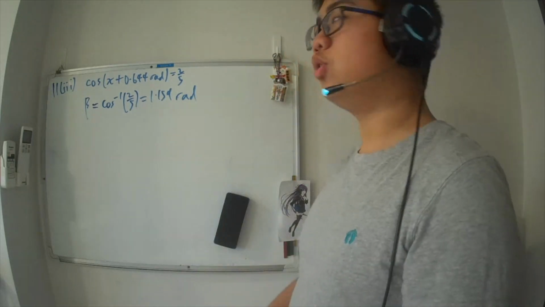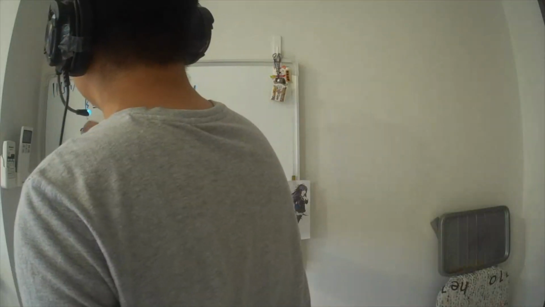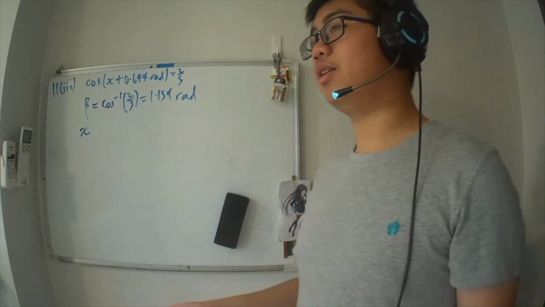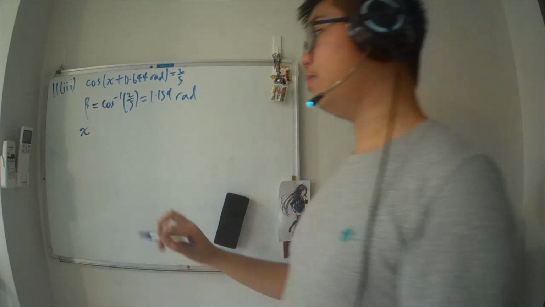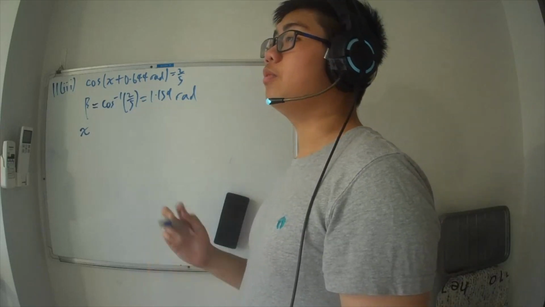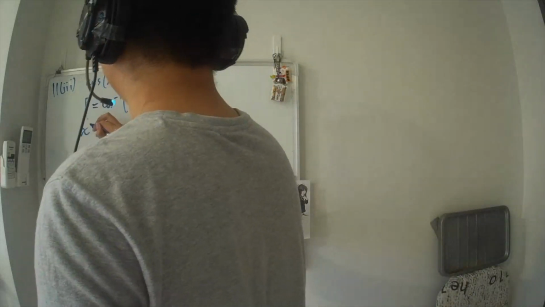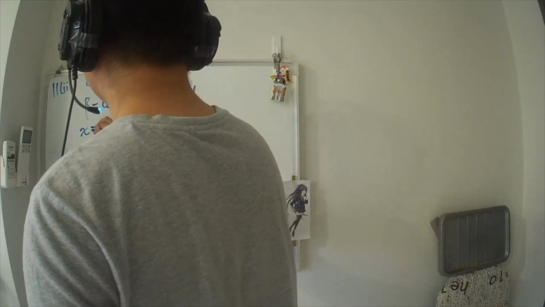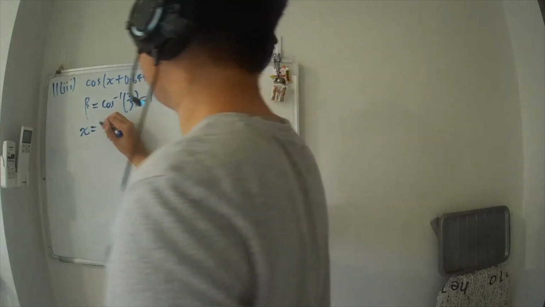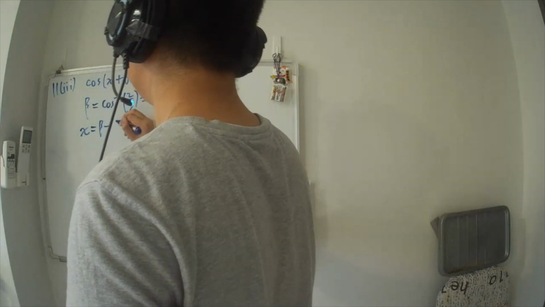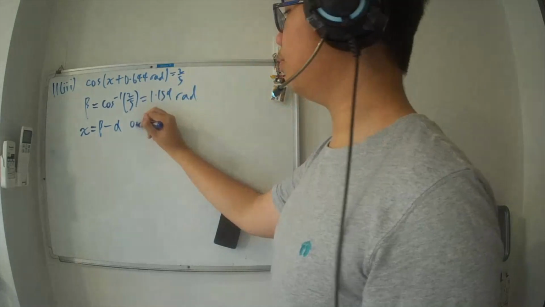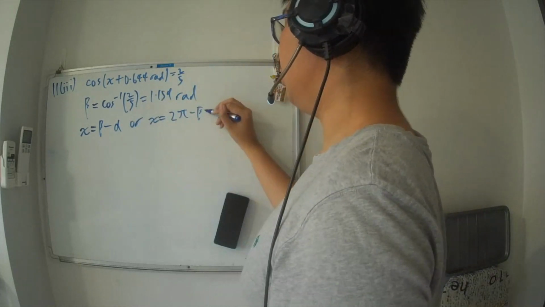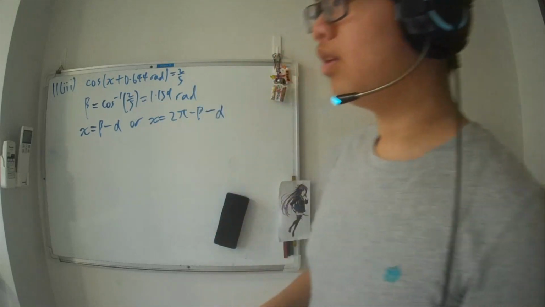So we need to find D and E, so that means that we need to consider the value in the first quadrant and in the fourth quadrant because it's positive, right? So x is equal to β minus α, or x is equal to 2π minus β minus α, right?